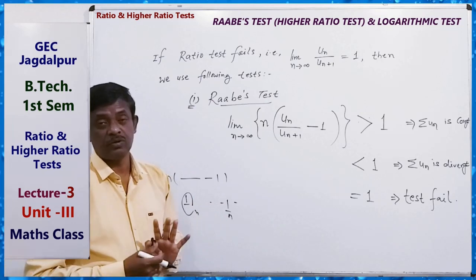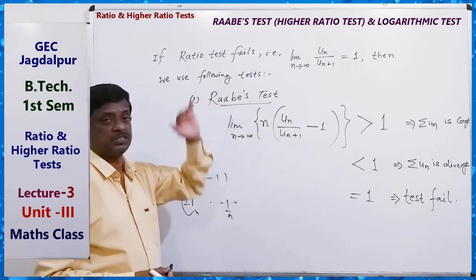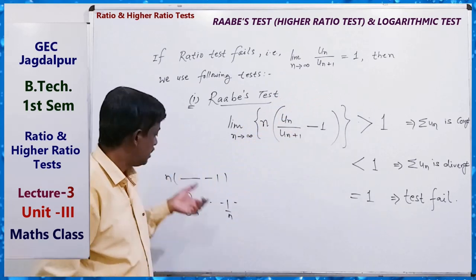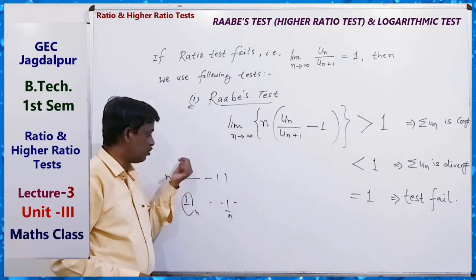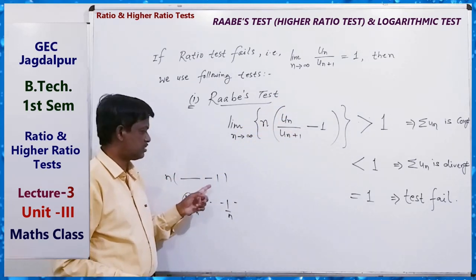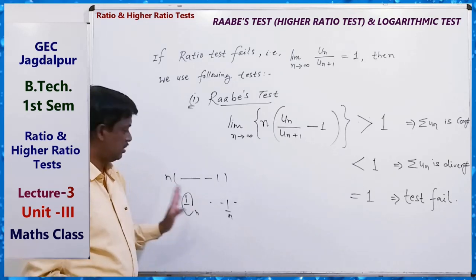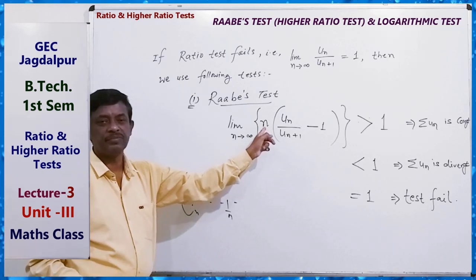When we try to use Raabe's test, if un upon un plus 1 is a rational function, just like polynomial upon polynomial, just subtract 1 and then take LCM and solve it, and then multiply by n.